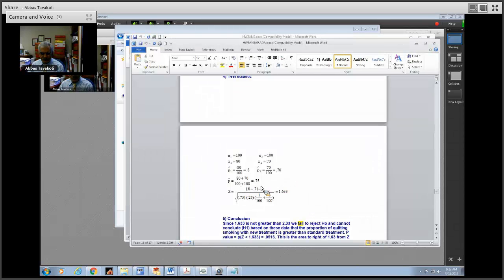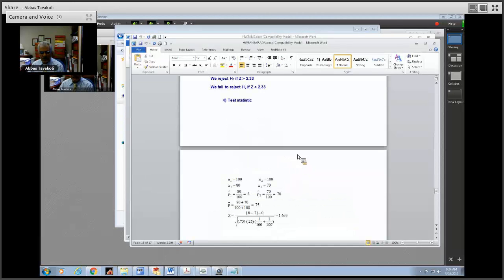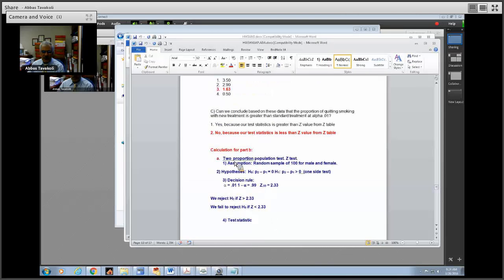So here we calculate our proportion for sample 1, 0.8, sample 2, 0.7. There is another alternative way: you can do P bar, 80 plus 70 divided by adding up both samples, 0.75. And then using the z formula, 0.8 minus 0.7 over the square root of 0.75 times 1 minus P bar, which is 0.25, times 1 over 100 plus 1 over 100, you get 1.633.